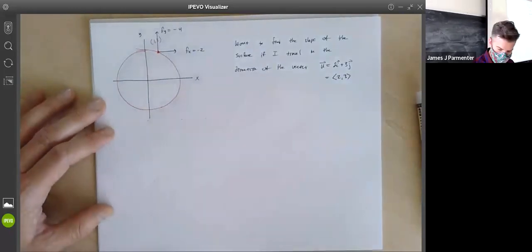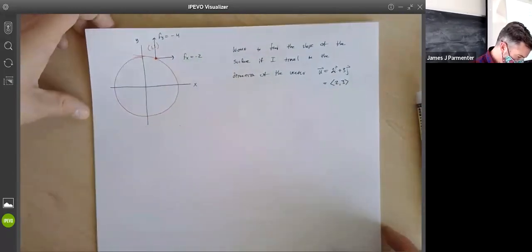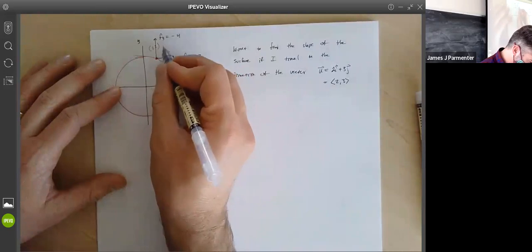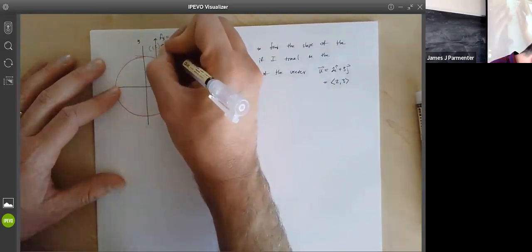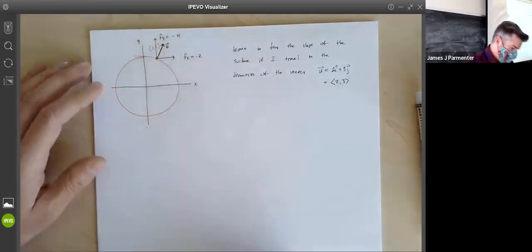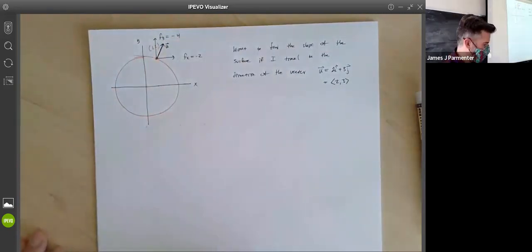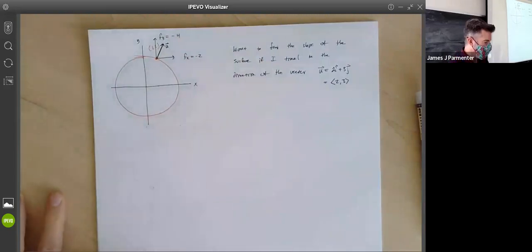Approximately, look at my picture here, I'm going over 2 and up 3. So I'm going more up than over. So maybe something like that. I want to know what the slope is in that direction. This is where things get a little wonky.